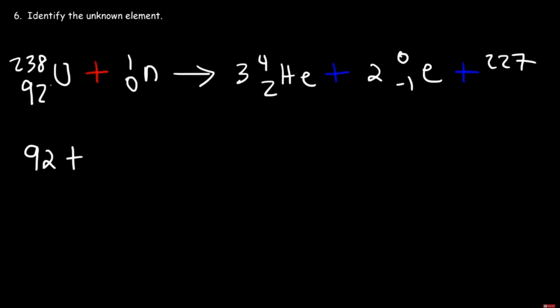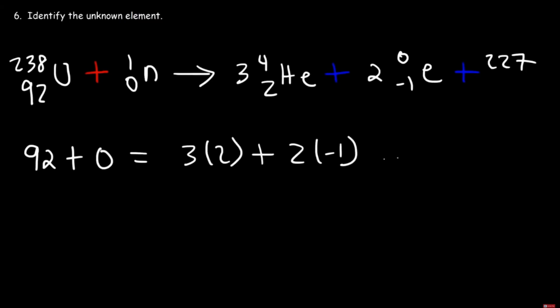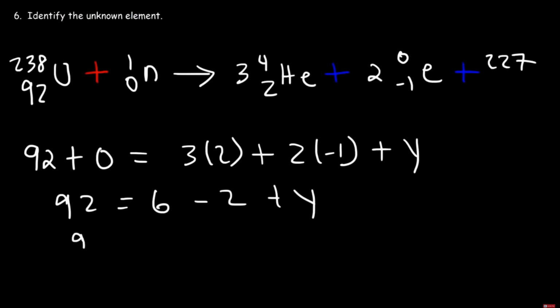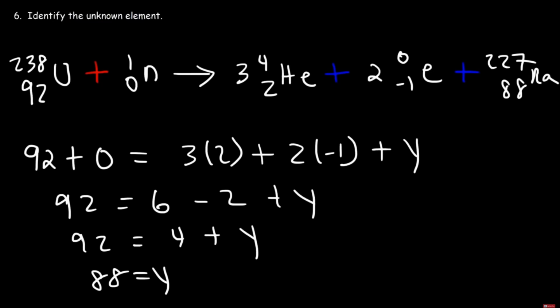Focusing on the bottom numbers, on the left is 92 plus 0, and that is equal to 3 times 2 plus 2 times -1 plus some unknown value y. 3 times 2 is 6, 2 times -1 is -2, and 6 minus 2 is 4. 92 minus 4 is 88, so that's going to be the atomic number of the element, and that corresponds to radium. So that is the unknown element in this example, radium-227.